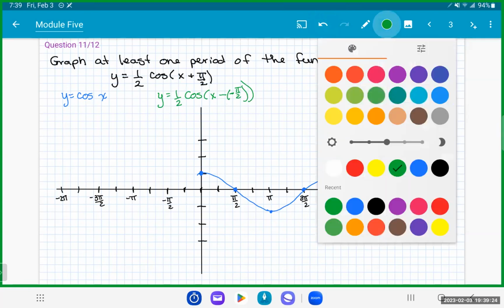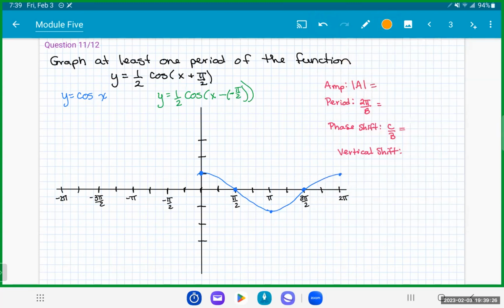So we have a equals 1/2, b equals 1, and c equals negative pi over 2. If we pull all that out, it makes it a lot easier to pick off the information when we're looking for our amplitude, period, phase shift, and so on.